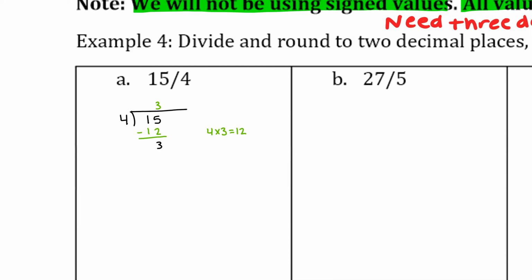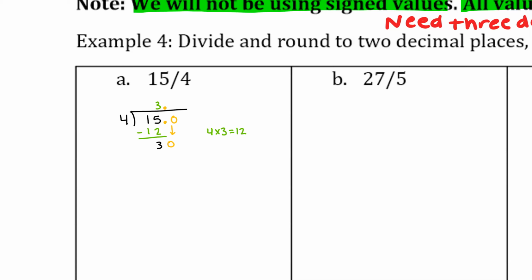So what I'm going to do is add a decimal place, and I'm going to put it right above upstairs, and I'm going to tack on a 0. And that 0 is going to come down. Now you'll notice when it comes down, the decimal place does not come down. So once you've marked that decimal place, that's it. You don't have to move it or think about it anymore.